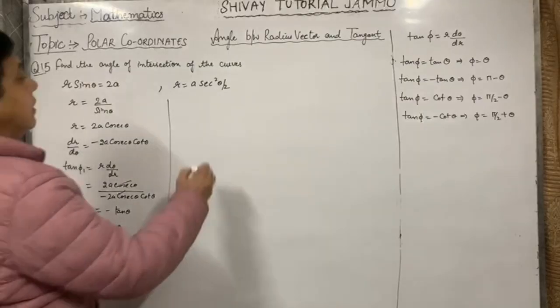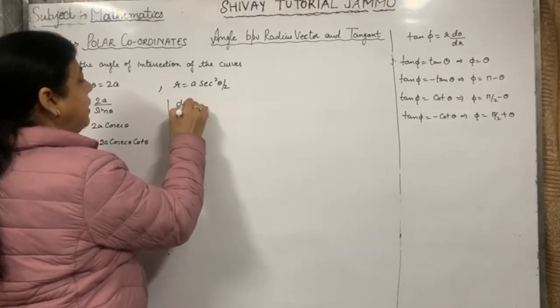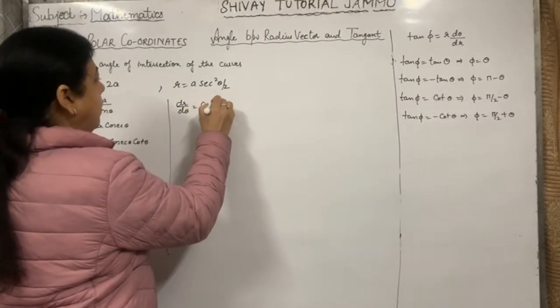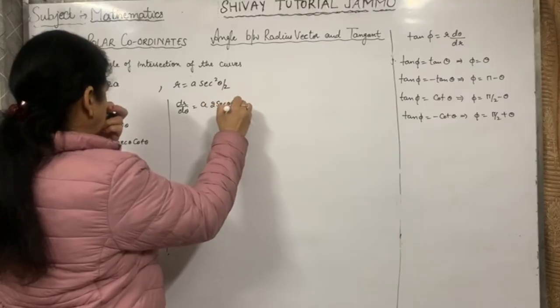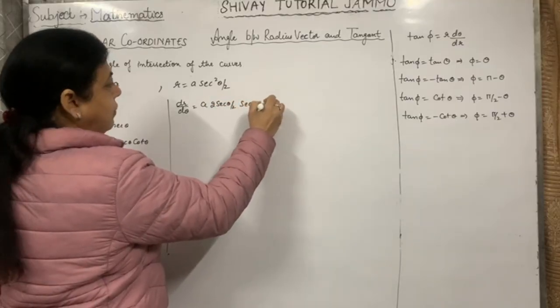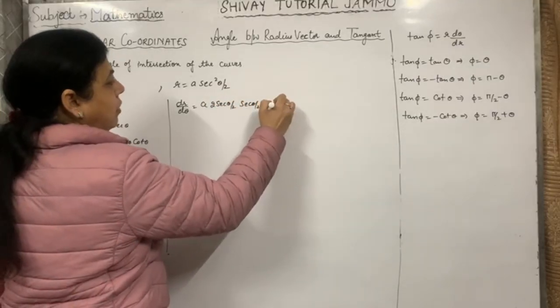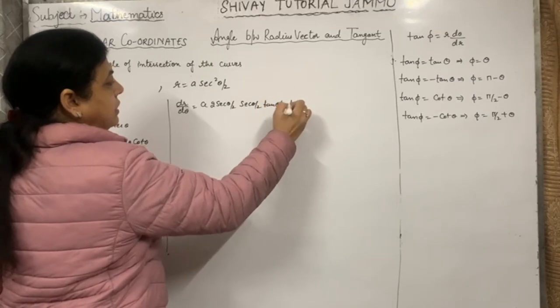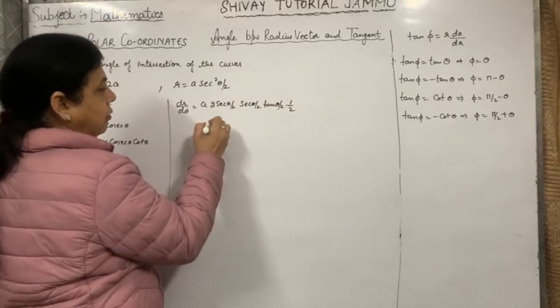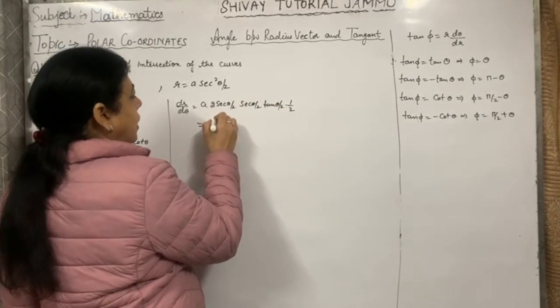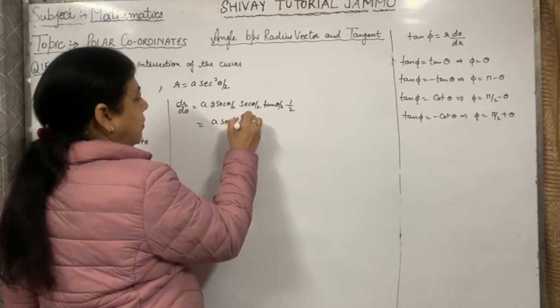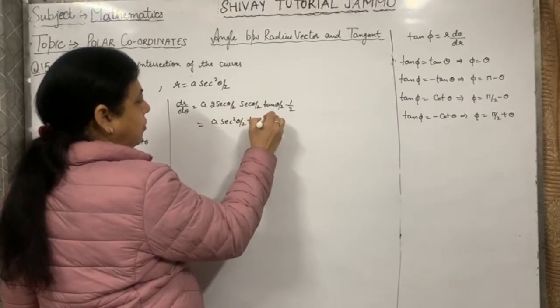Okay. Second, r, dr/dθ will be a 2 sec θ/2. Differentiation of sec θ/2 is sec θ/2 tan θ/2, and differentiation of tan θ/2 is 1/2. So this will be a sec² θ/2 into tan θ/2.